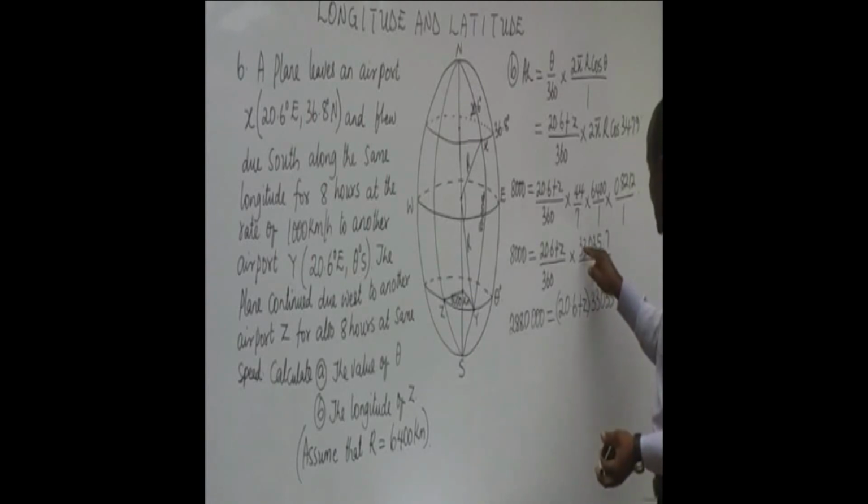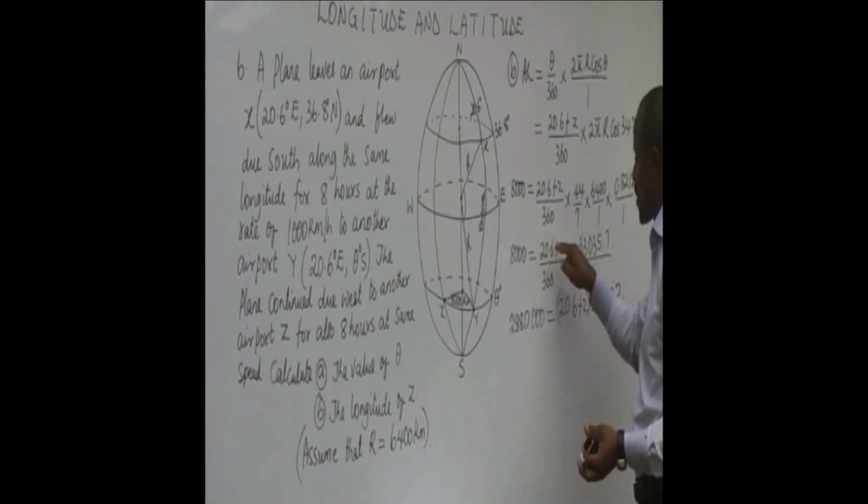You are going to multiply 33,035.7 with Z and add it to multiplying 33,035.7 with 20.6.